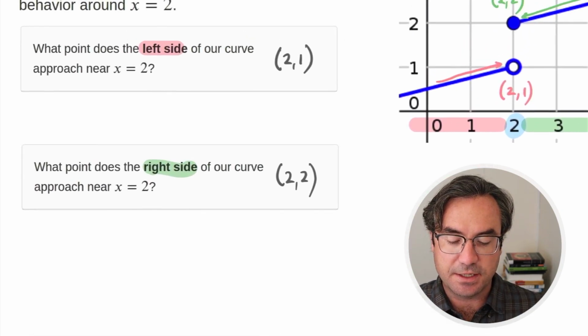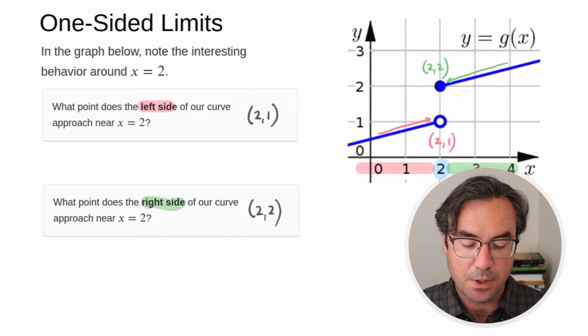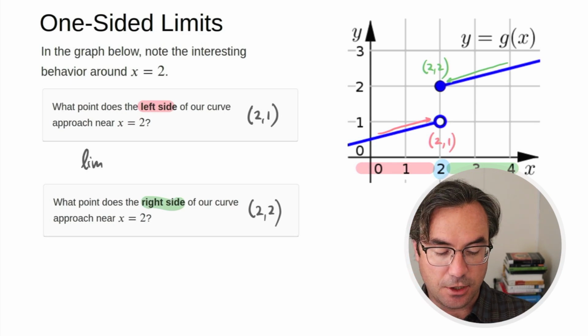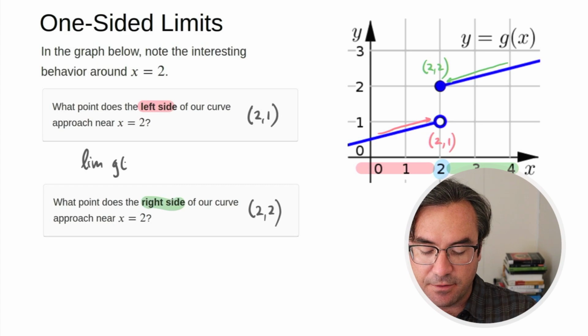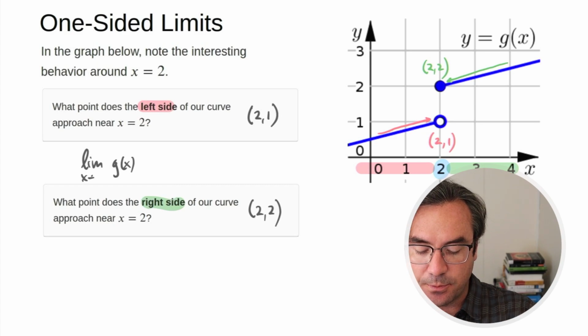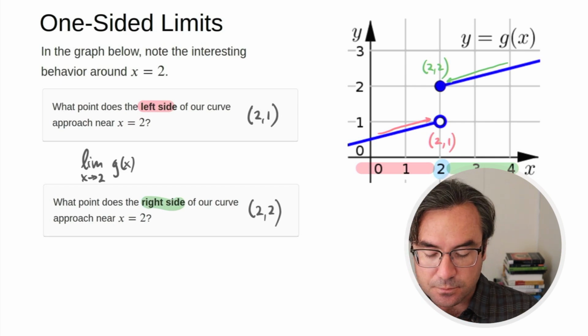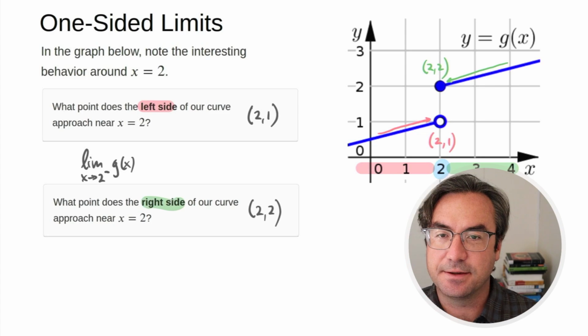So what we would say in this case, going back up to our example here, is that the left-hand limit of our function, x is going to approach 2, and for the left-hand limit, we use a little minus sign.